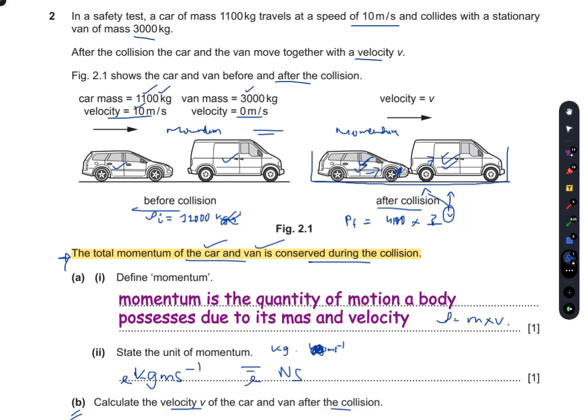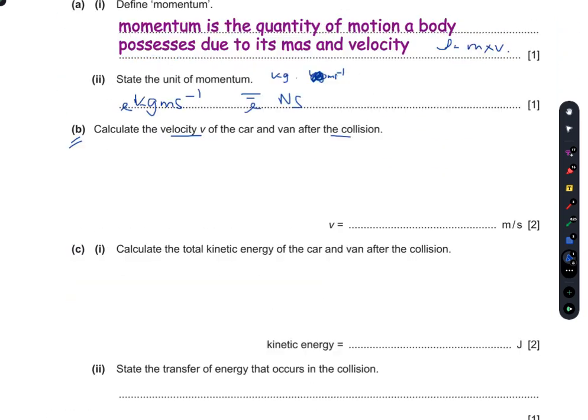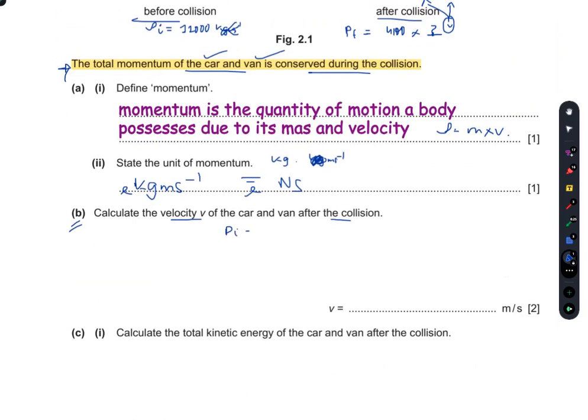Simply, if I have to find the velocity, now I know the initial momentum is equal to the final momentum, so it is 11,000 here. I divide this by 4100, so I will get the velocity of the car and the van, both the car and the van.